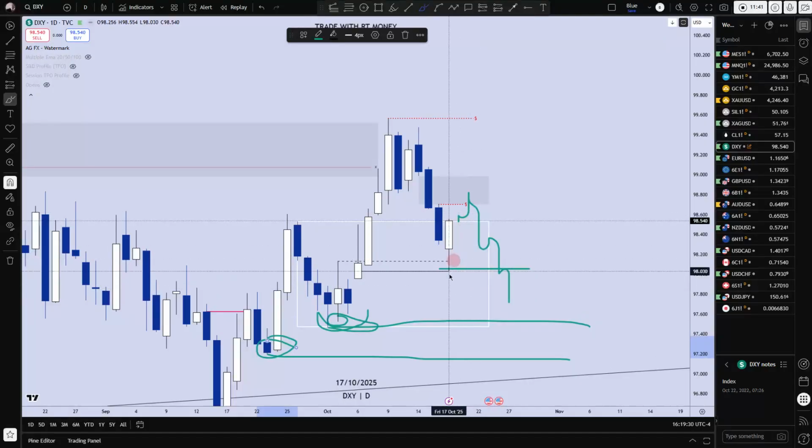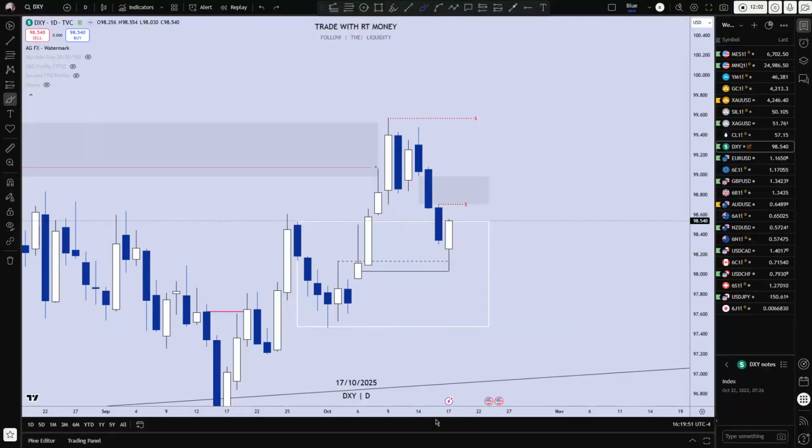If this fair value gap holds as a bearish fair value gap, then we can start to target those afterwards. But I would only be interested in taking those trades if I see this low taken.